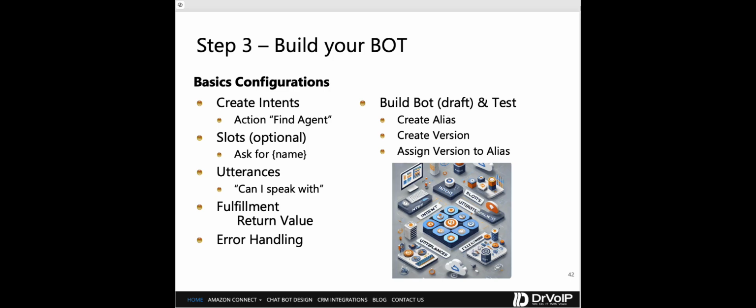Now, this is not a tutorial on building bots. We'll cover some of the basics quickly. But to build a bot, you're going to create some intents. What is an intent? An intent is like, why is this person calling? Are they ordering a hamburger? Are they booking a hotel? In our situation, they're trying to find an agent. So that's one intent.